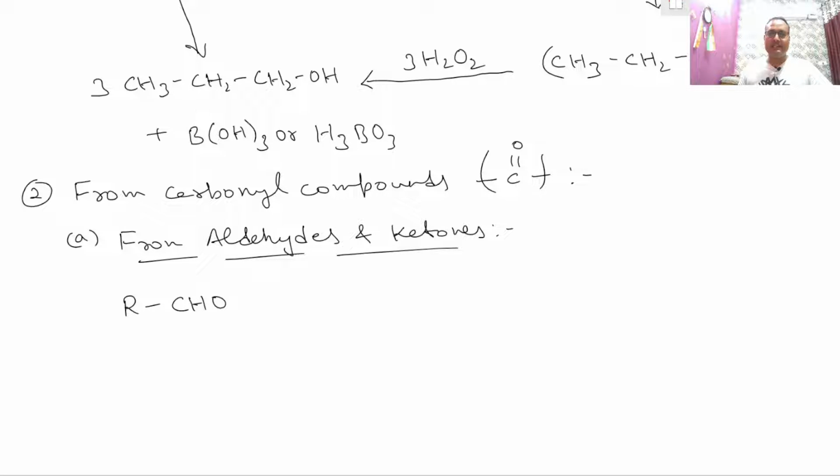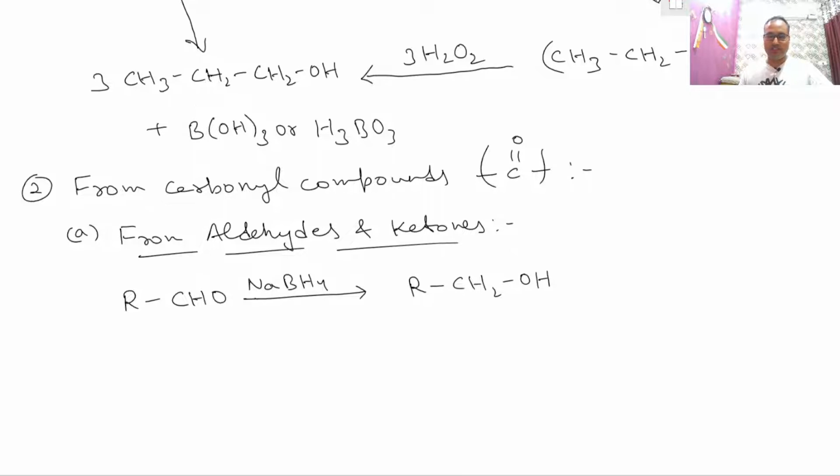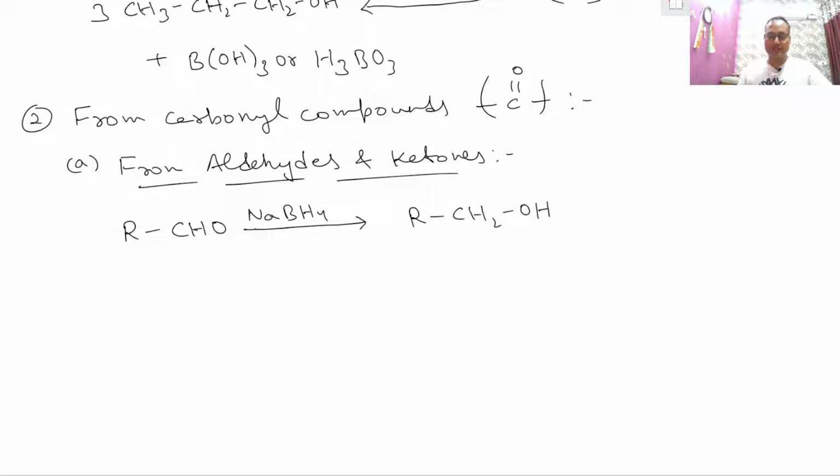So aldehyde can be easily reduced to the respective alcohol by using a weak reducing agent like sodium borohydride, NaBH4. So it can be converted into RCH2OH. And we can even use lithium aluminum hydride, but that is quite expensive.